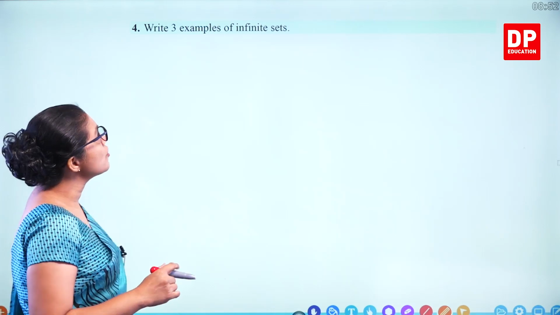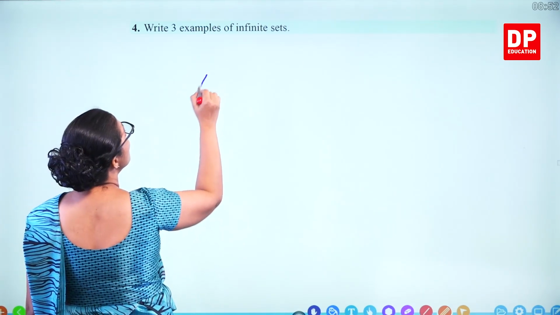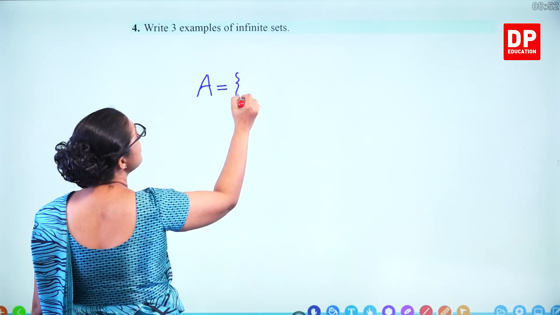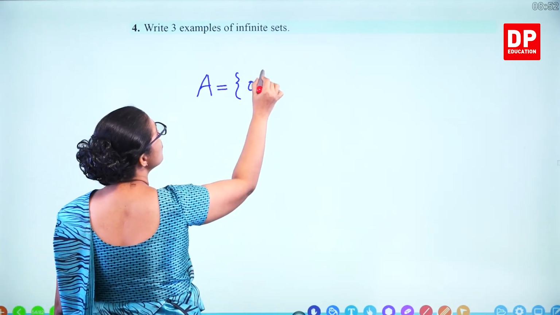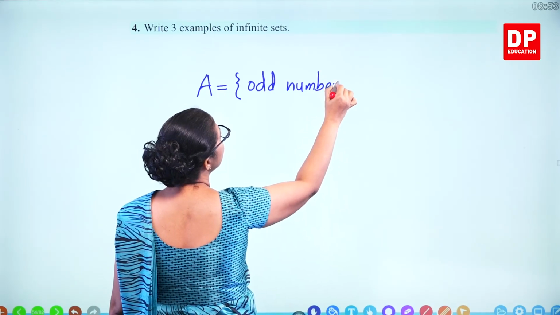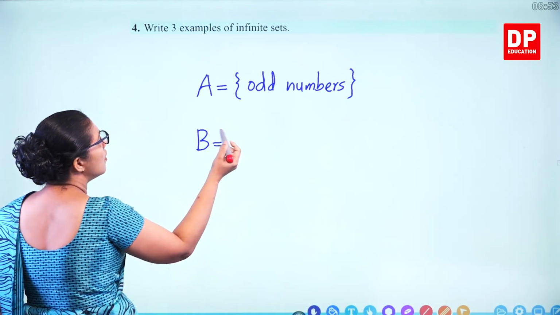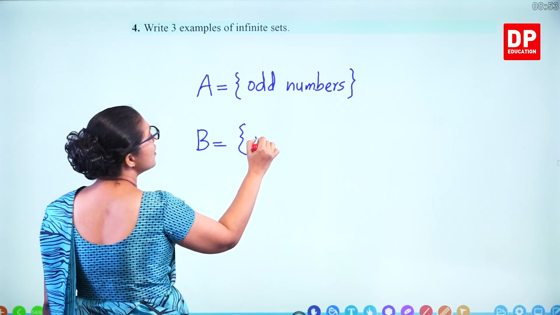Write 3 examples of infinite sets. So you have to write down odd numbers. Then we are not giving a condition, so you can't write all the odd numbers. Or multiples of 3.